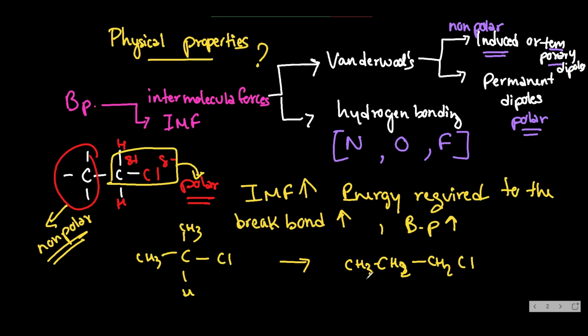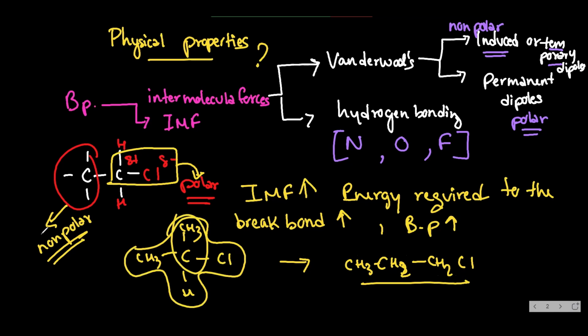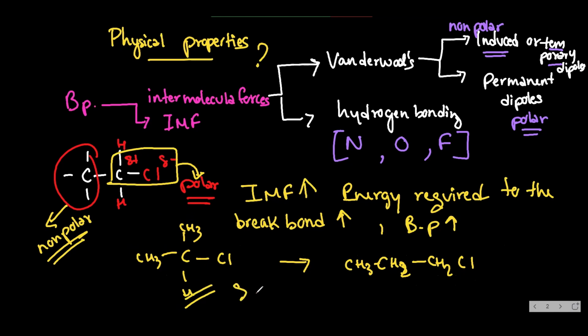This one is a straight chain, and the other is a little branched chain, because the branching happened here. As it's branched, it exposes less surface area, while the one that is not branched, the straight chain, has a higher surface area.